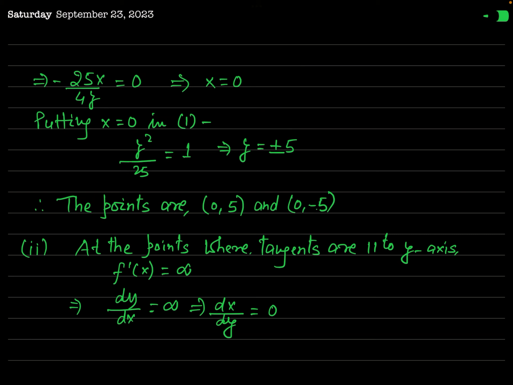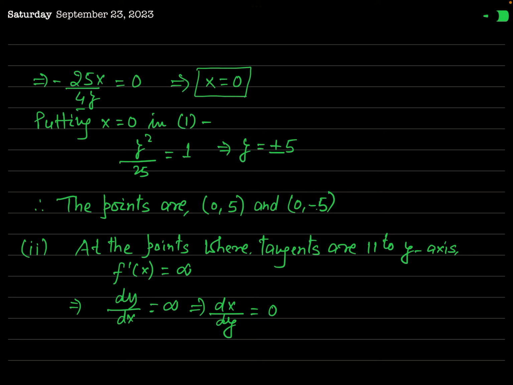So you can write minus 25x divided by 4y equal to 0, and so this x will be equal to 0. So the x coordinate of the point where the tangent is parallel to the x-axis is 0. Now we have to find the y coordinate of that point.